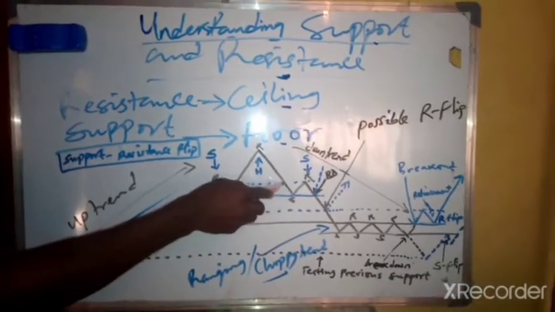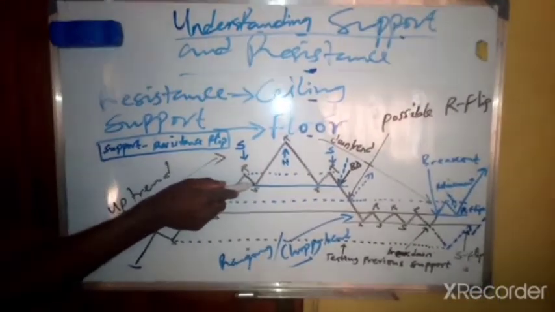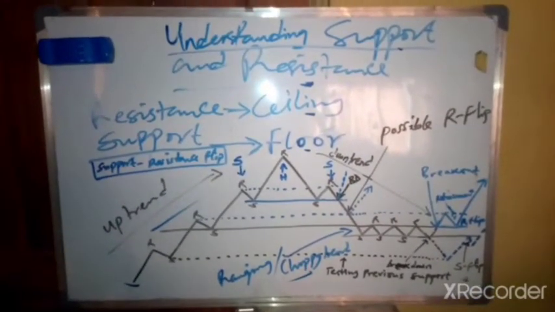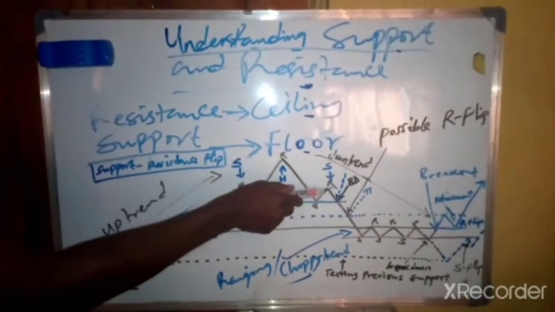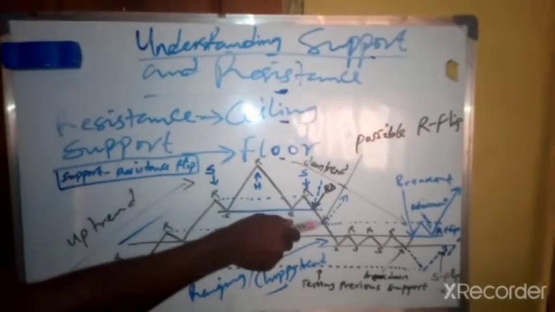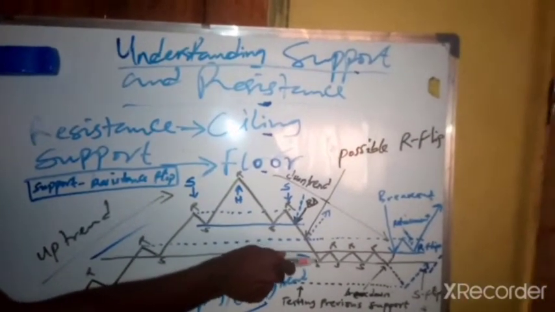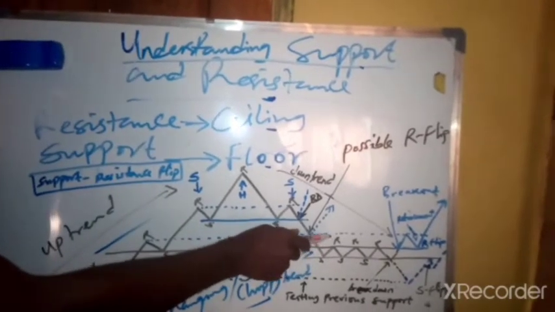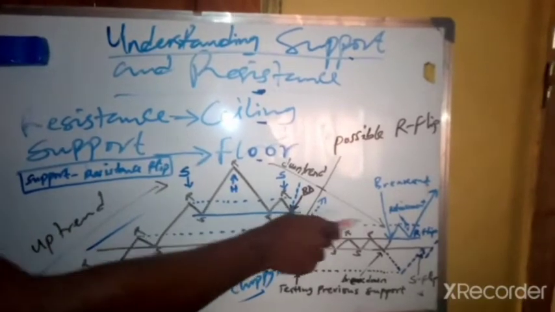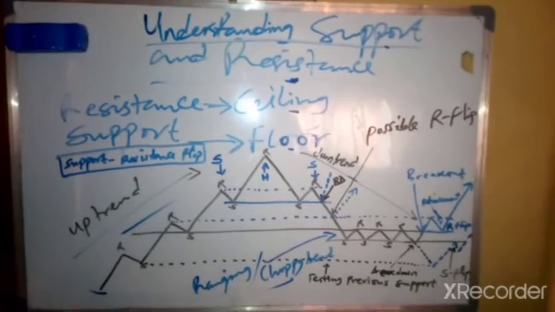Now, the price fell to this previous support and made an impulsive move, and that impulsive move will form a lower high, and it had to move down again to form a lower low, lower high, lower low, lower high, lower low. As you can see, as it's forming all this, we are seeing our support and our resistance being formed.